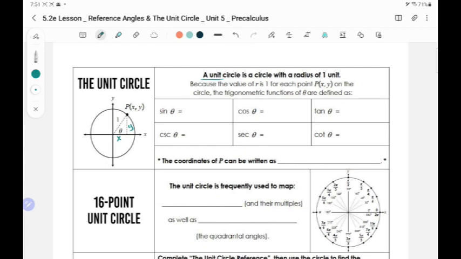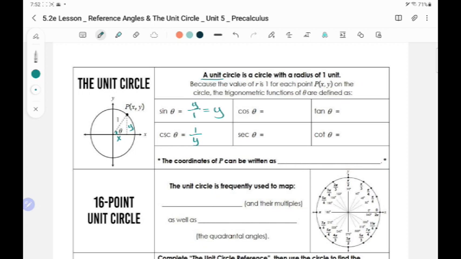So sine of theta is always going to be equal to y, because think about it, theta is the angle here at the bottom near the origin, and y would be the opposite side, and sine is opposite over hypotenuse. Y over 1 just equals y. And then the cosecant is going to be 1 over y.